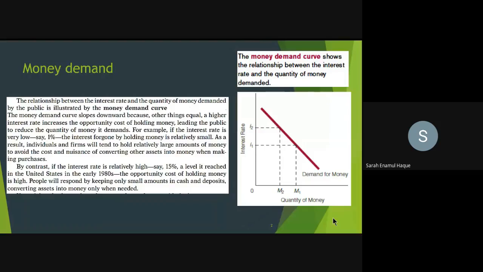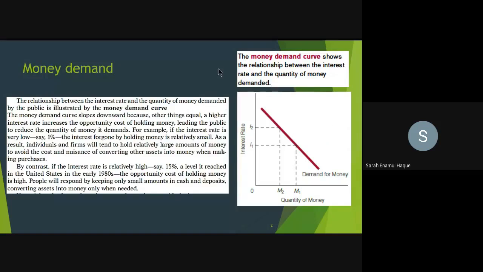First, we begin this chapter by trying to understand the money market. And we start the money market by understanding what money demand is. As you can see on your screen, slide number 2, the money demand curve shows the relationship between the interest rate and the quantity of money demanded.